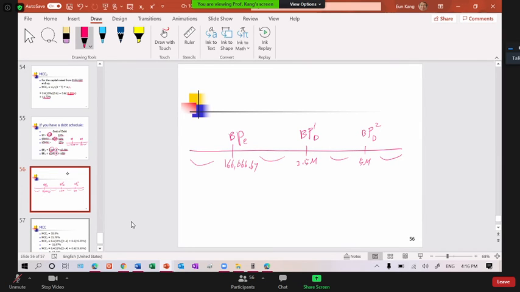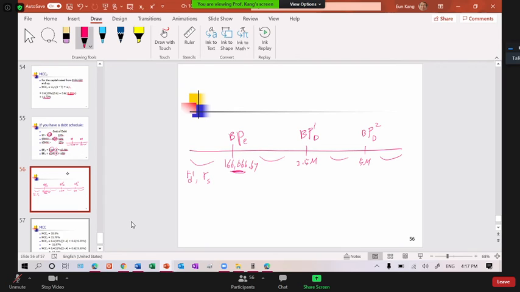A more systematic way of doing this is to ask, for each interval, which cost of capital is relevant? For example, the first interval uses the original RD1 and RS, right? This is before the equity breakpoint.